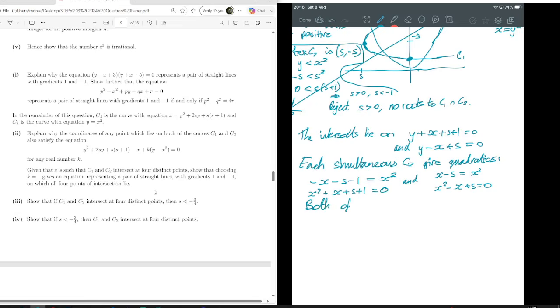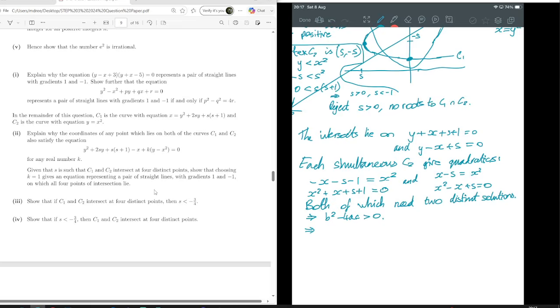Both of which need 2 distinct solutions. And this way I'm actually a lot happier because I know the discriminant gives me a 4, and I wasn't getting that 4 with my other method. It implies that b squared minus 4ac is strictly greater than 0. I don't want a repeated solution because I want them all to be distinct.